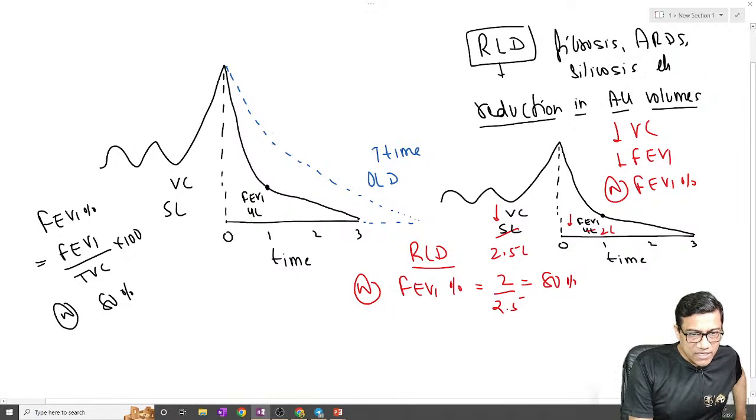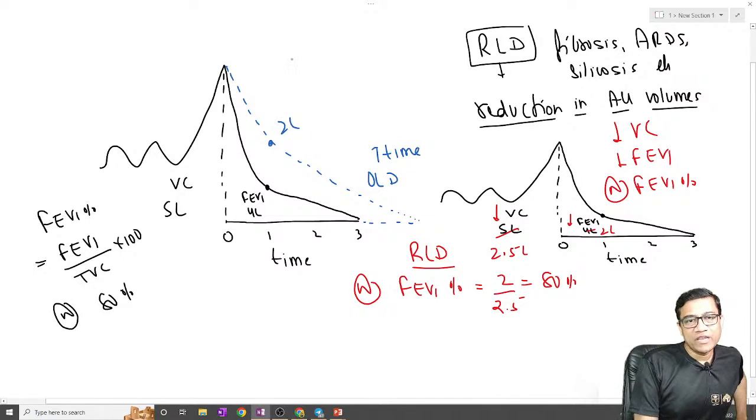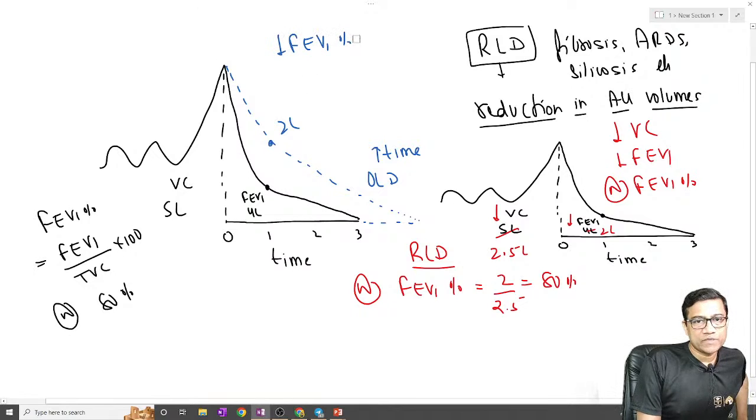Now see how much is coming in the first second. Let's say 2 liter. So what is the value now? There is a decrease in FEV1 percentage. It is FEV1 by FVC into 100.